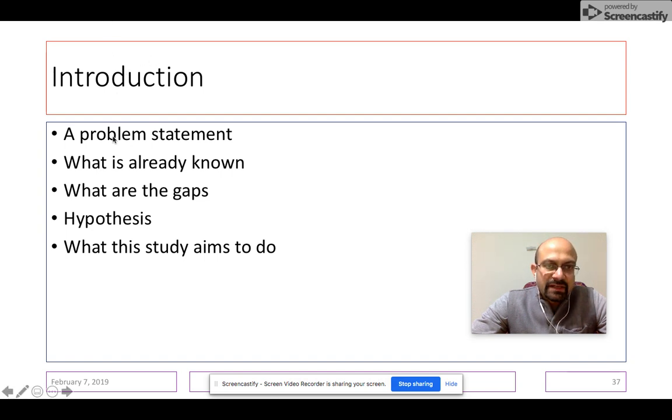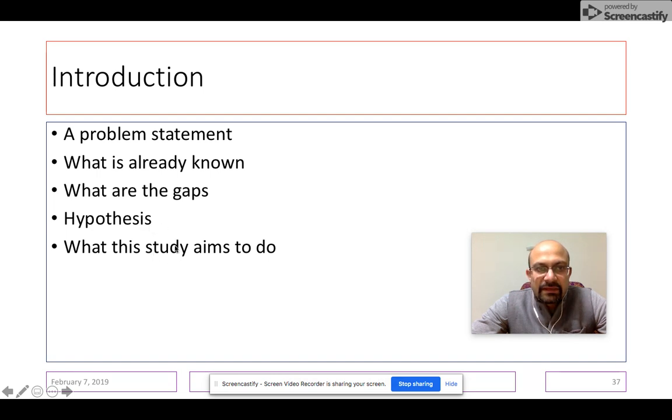which is the problem statement. Then you talk about what is already known on this subject. You want to tell the readers what has already been studied, or what is already done, what is the evidence base that already exists. Then you identify what are the gaps in literature, what are the things that are not known. And after this, you present your hypothesis, that what do you think may be happening.